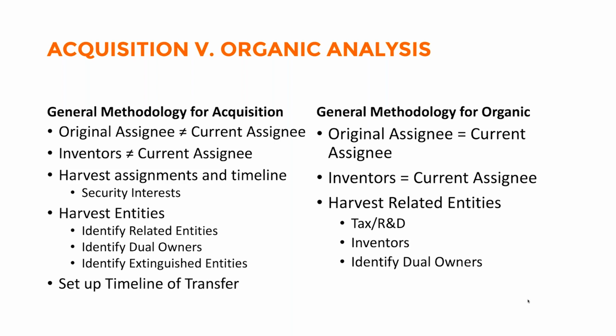We also try to make sure that the inventors are also with the current assignee, because if the inventors and the current assignee both agree from the original point in time to now, in general we can pretty much feel safe that that's an organically extracted piece of invention.